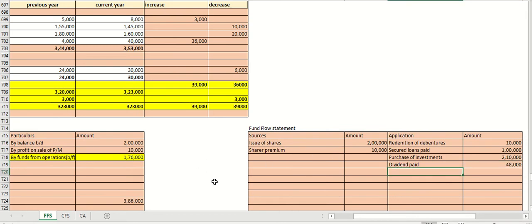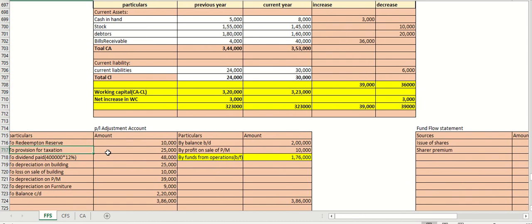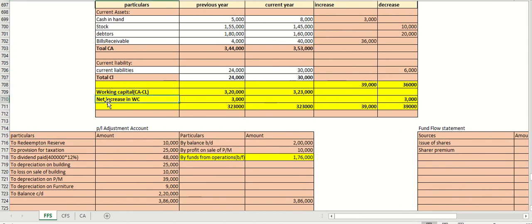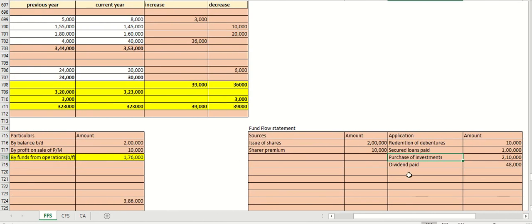Now let's move on to each account and see what all we are supposed to take. So net increase in working capital will be shown under application of funds. The amount is 33,000.